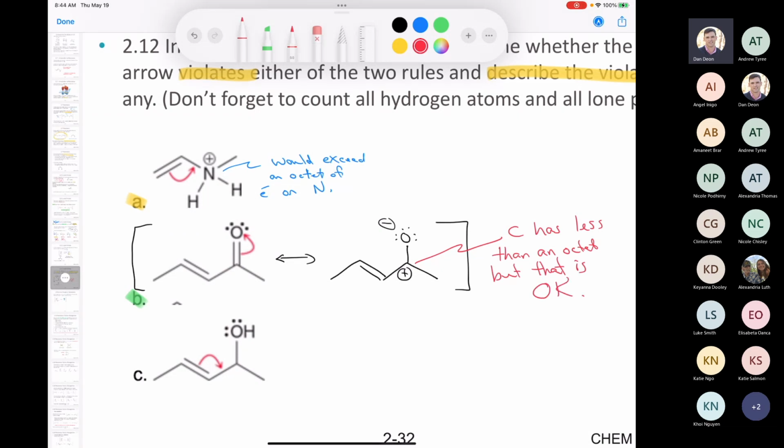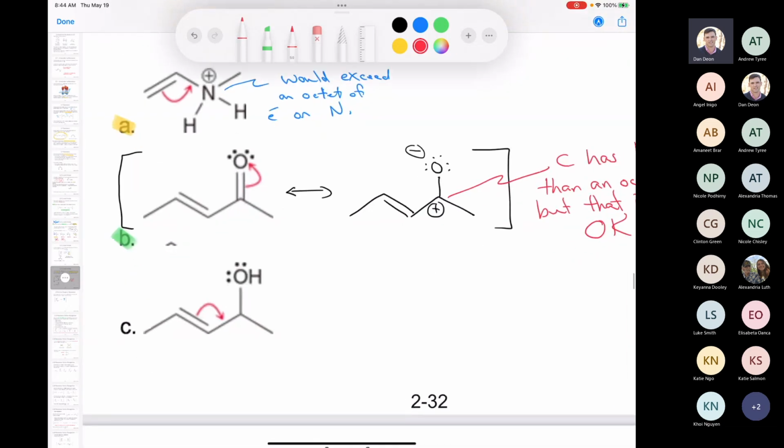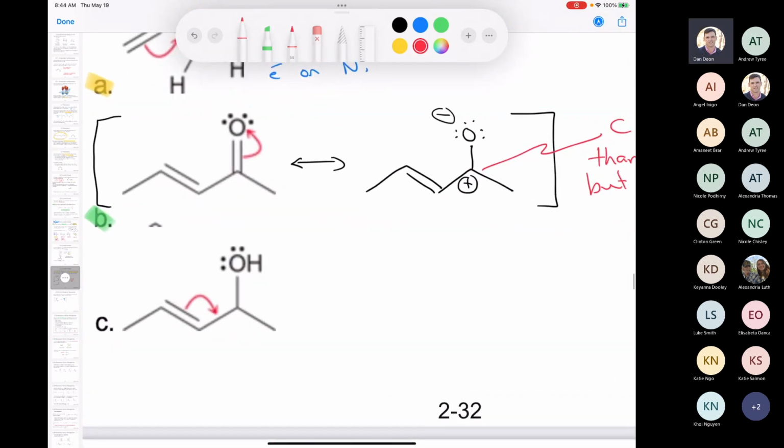And then the last one, C. Any problems with C? Do you see any problems in C?